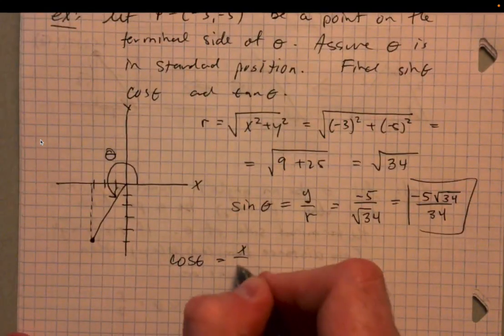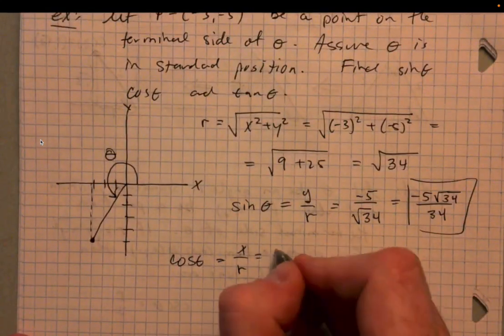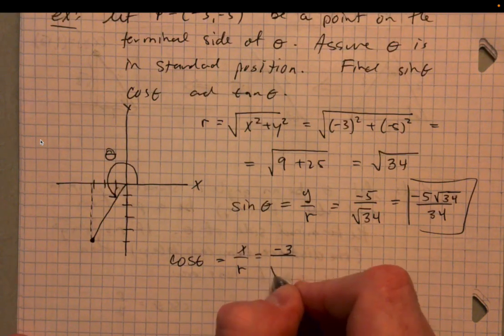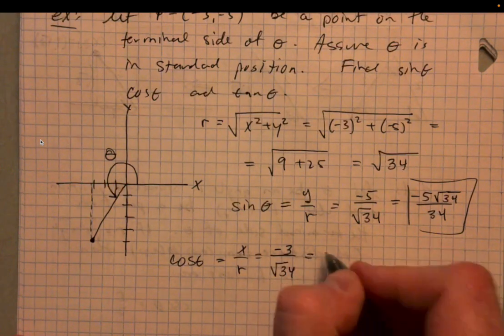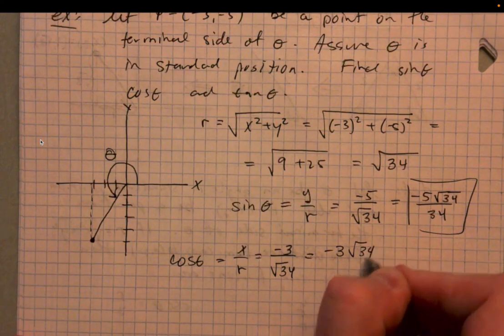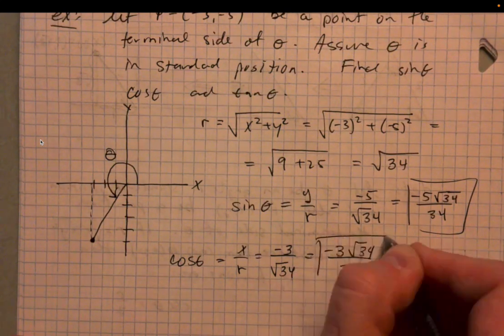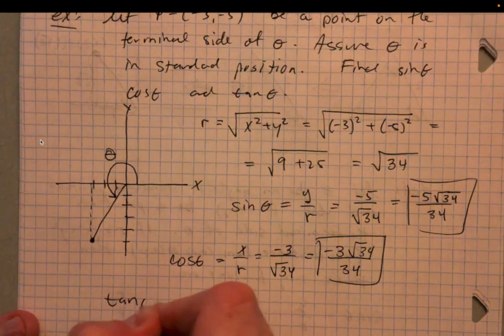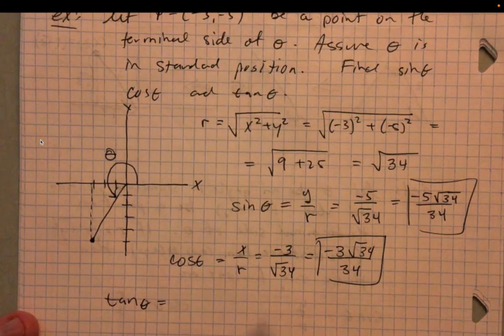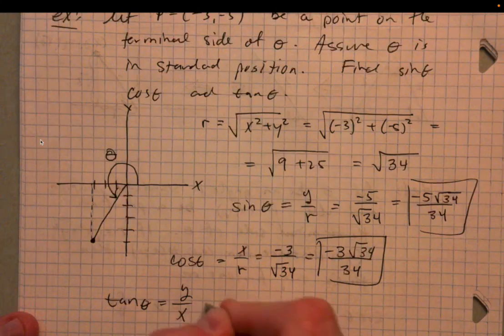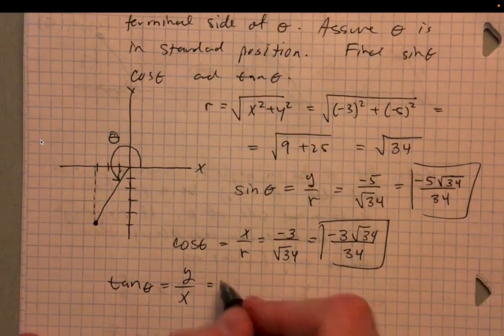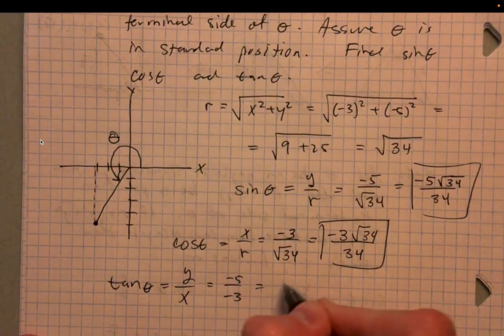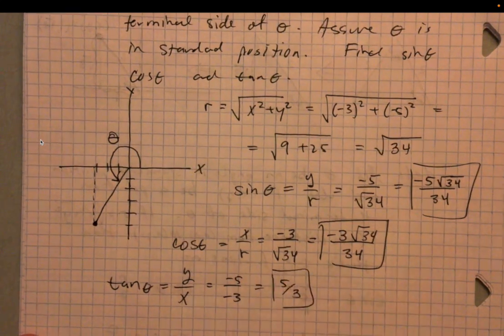It's equal to x over r, so it's -3 over the square root of 34, and so -3 square root of 34 over 34. And then the tangent of theta is equal to y over x. So it is -5 over -3, and so it's 5/3. Okay, and so there we go.